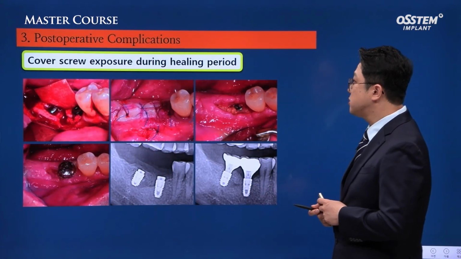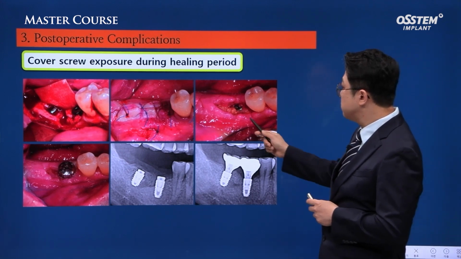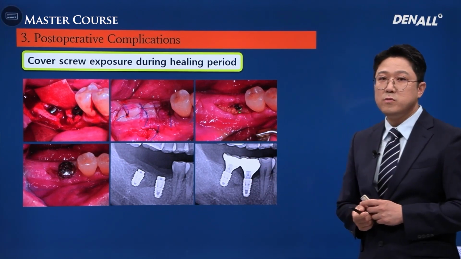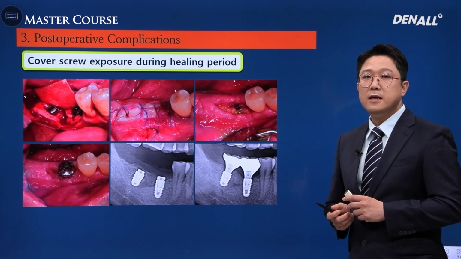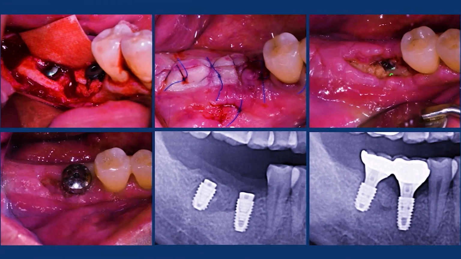Next is a situation where the cover screw is exposed. This is a problem. When you come across this kind of situation, you feel baffled. The best way to respond is, if the primary stability was good, to connect a healing abutment.